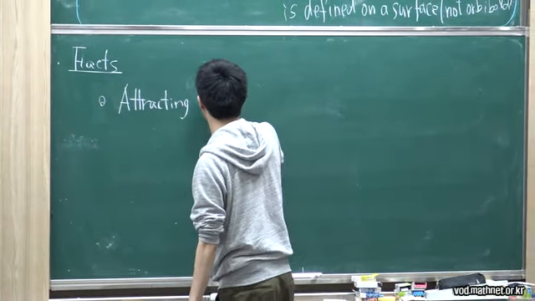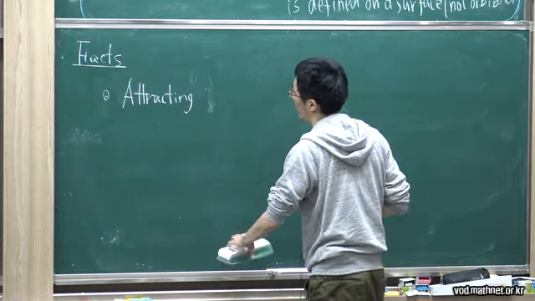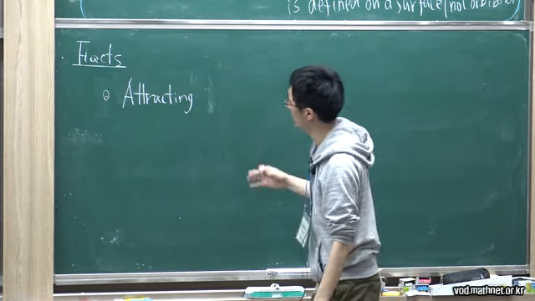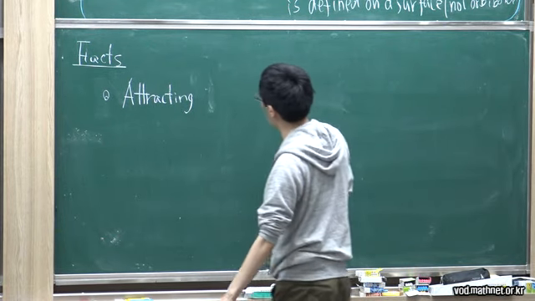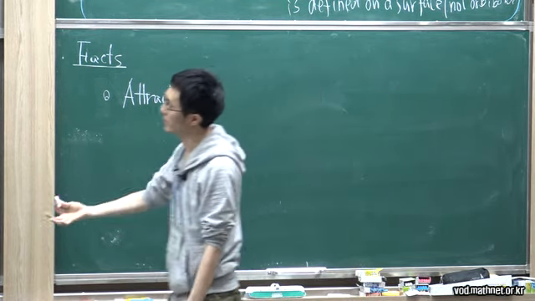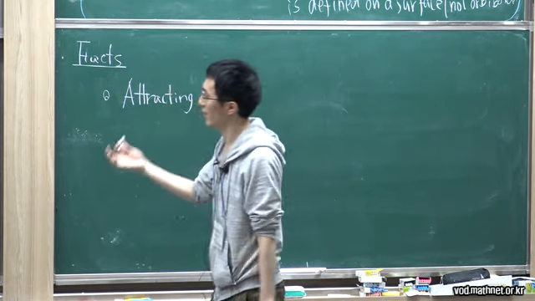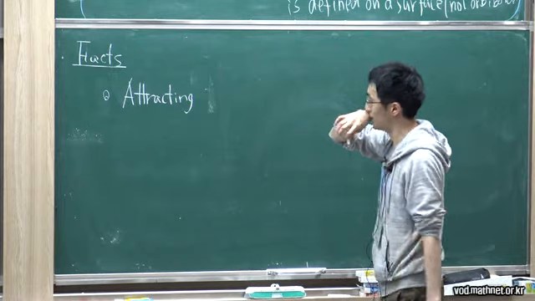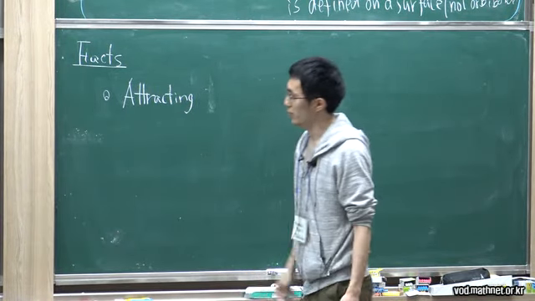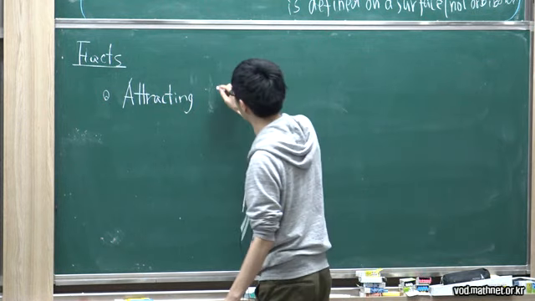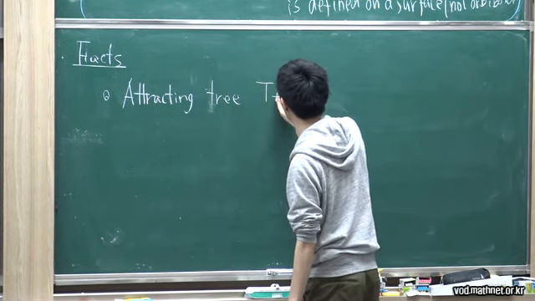The attracting tree. In the last talk by Professor Vogtmann, he mentioned Culler-Vogtmann outer space. Outer Fn acts on outer space, and the limit of the iteration of a free irreducible element is called the attracting tree, denoted T plus.